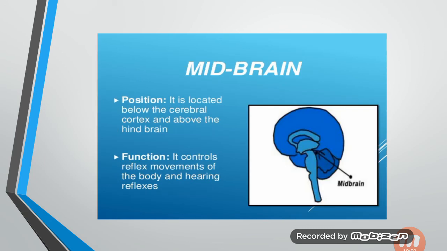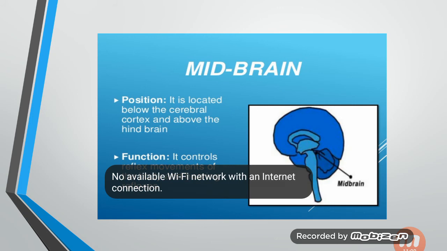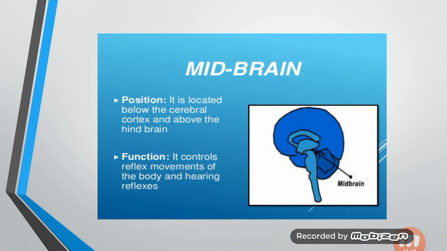Midbrain, it is reduced in humans and it has the following functions. First of all, it acts as a relay center which handed over the information from the sensory neurons to the motor neurons, and then finally to the effectors. Midbrain contains the reticular formation.